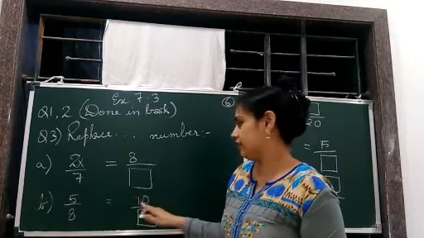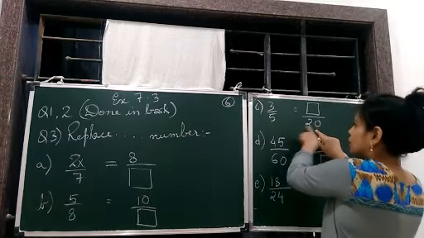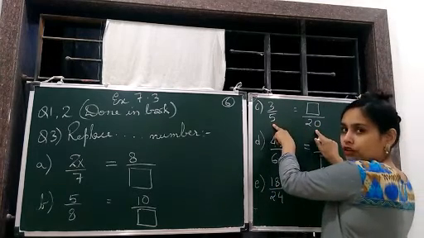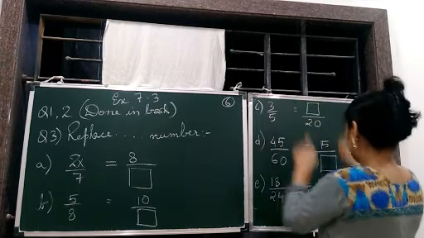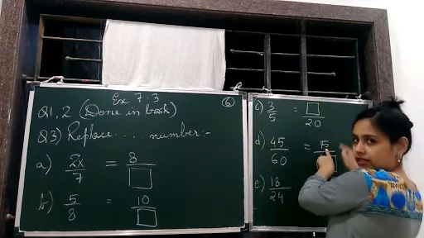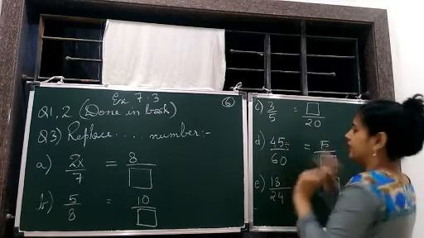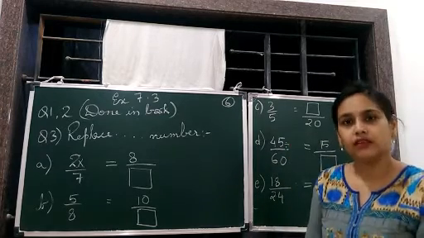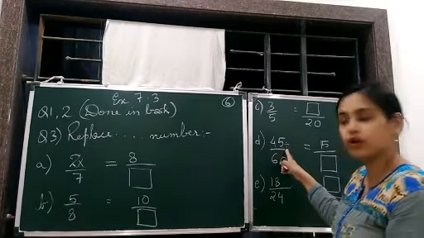And if it is smaller, like for example here, the right hand side numerator is smaller, that means you have to divide something here. Got it? So this is how you will find whether to multiply or to divide.